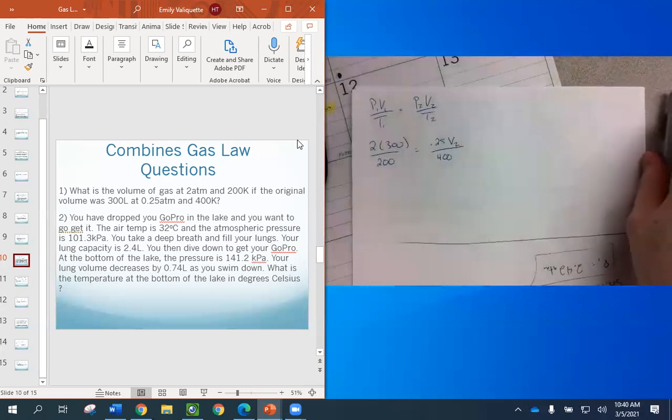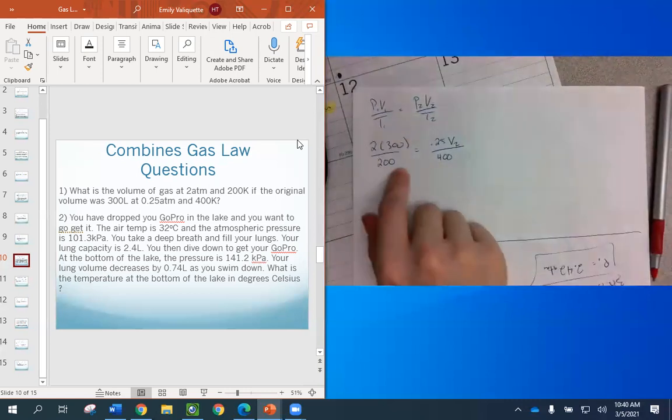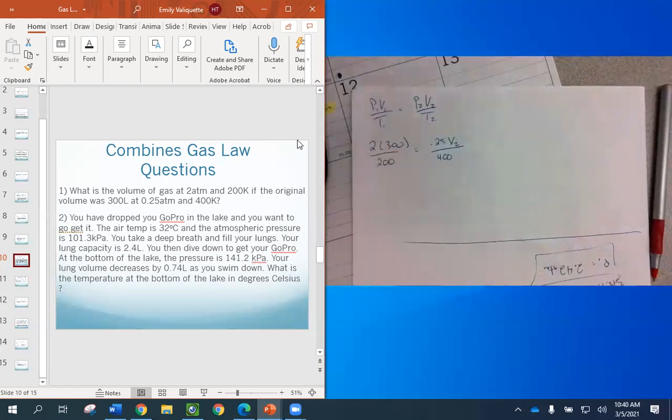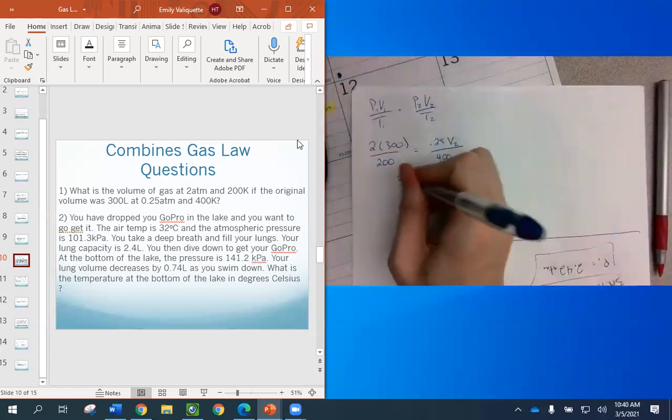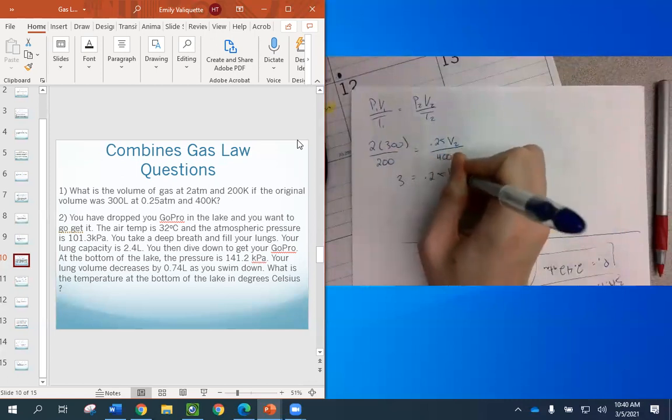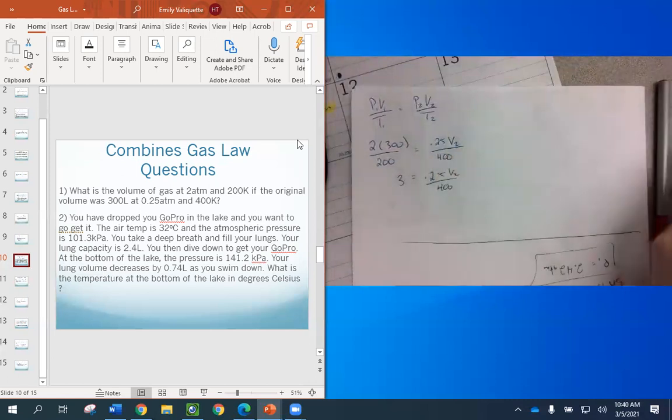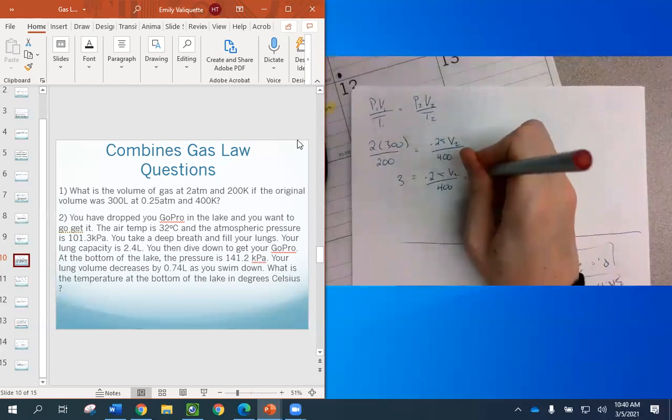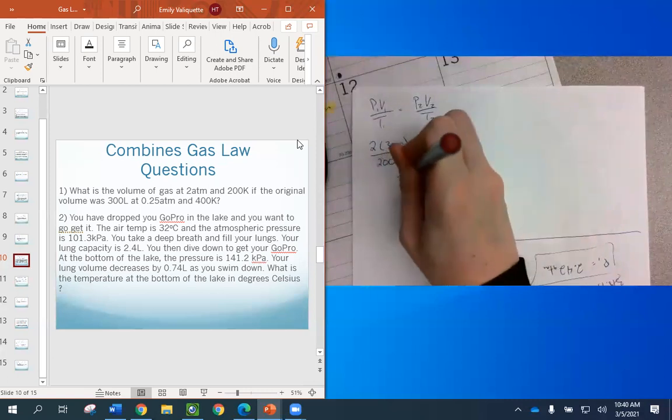So the first thing I'm going to do is solve this entire left side all at once. So 2 times 300 divided by 200 is 3. And then I'm going to move my 400 to the other side by multiplying.